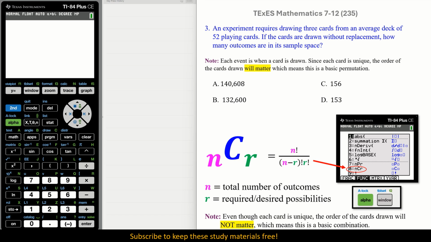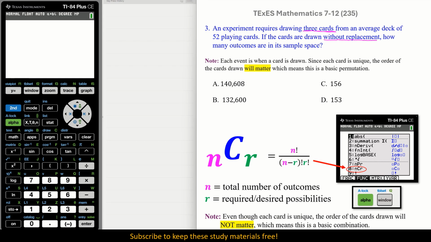Number 3, an experiment requires drawing 3 cards from an average deck of 52 playing cards. If the cards are drawn without replacement, how many outcomes are in its sample space? This is a permutation. How do I know it's a permutation? That is because the order will matter.